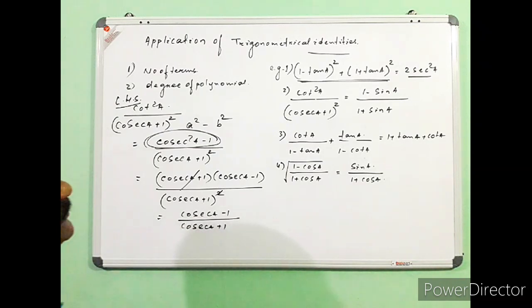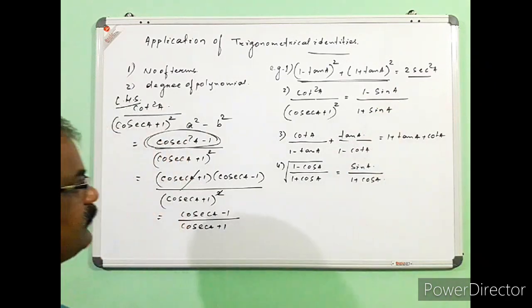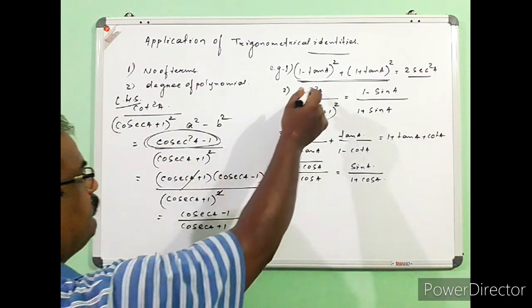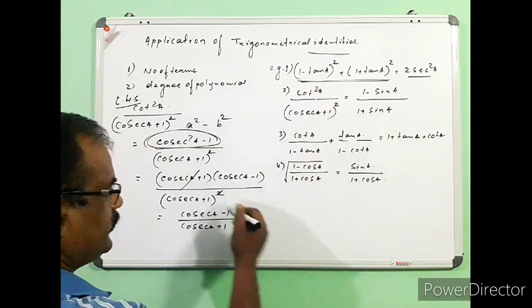However, we have to change that into the form of sine. The degree of the polynomial has already changed from second degree to degree 1.